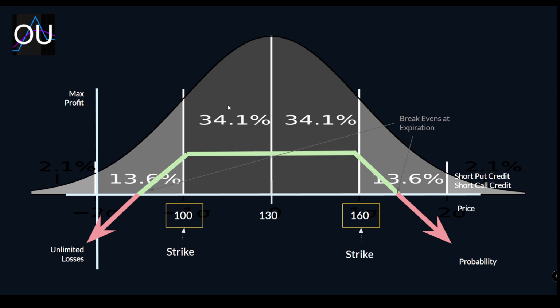That's because 68% of the population will be within that one standard deviation, but 100 minus 68 is 32. So 32 would be outside. If you take the 32 and divide it by 2, you have a 16% chance of it being above and a 16% chance of it being below. That's where your 16 deltas come in.